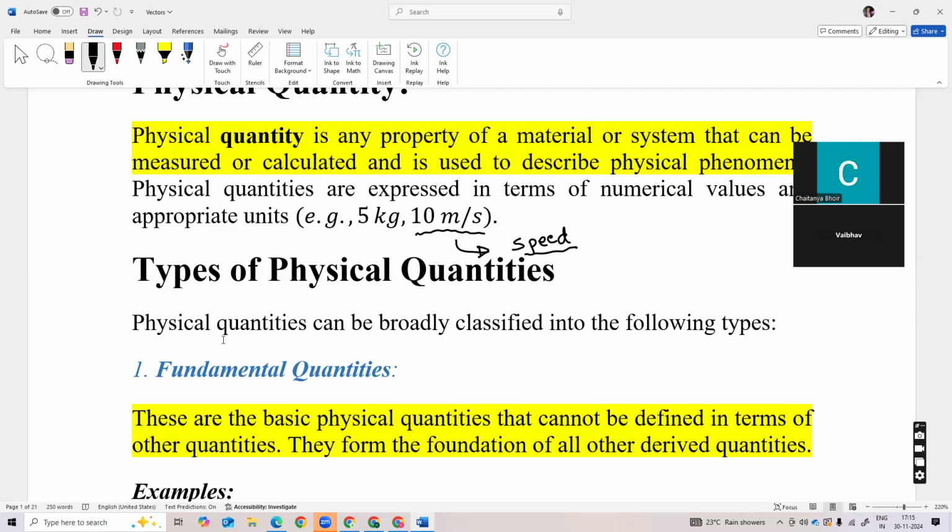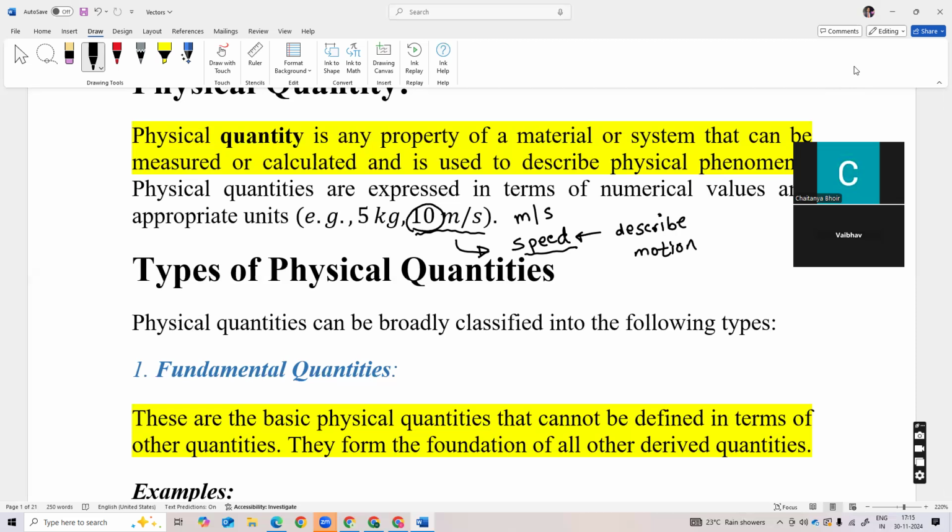And it is used to describe the motion of an object. So speed is a physical quantity, expressed as a numerical value. Here 10 is the numerical value, and meter per second is the appropriate unit for speed. So this is the definition of physical quantity.